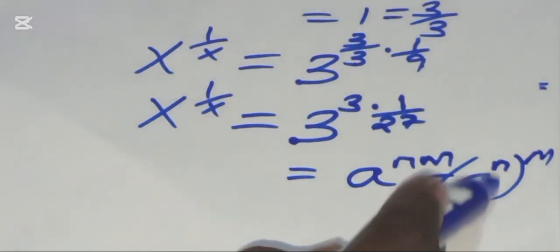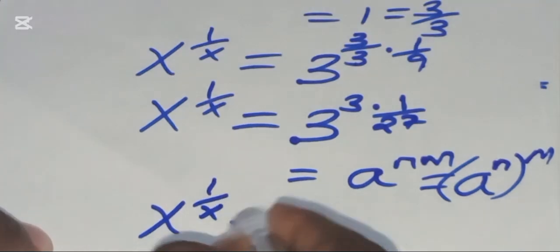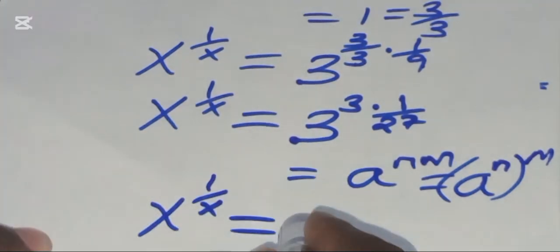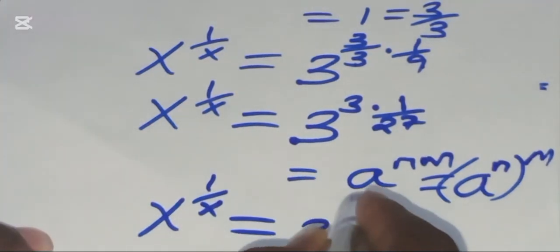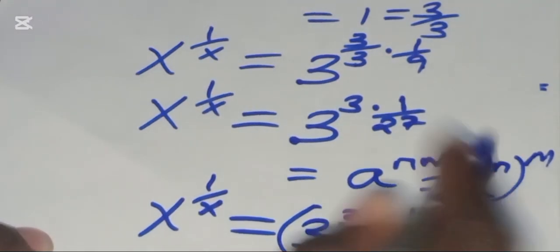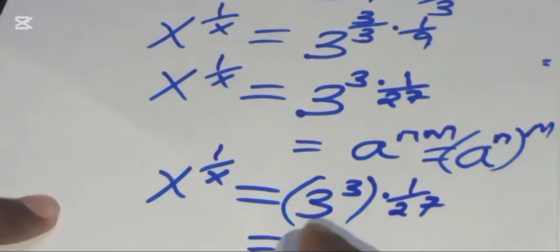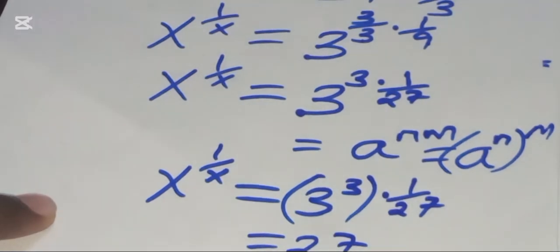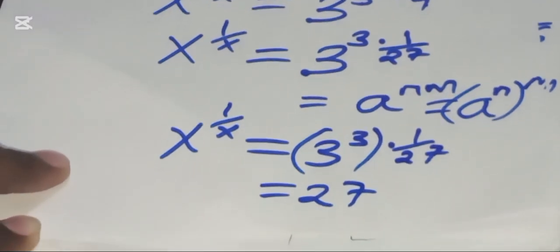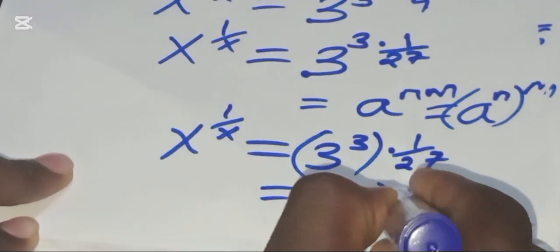So applying this identity, we're going to have x to power 1 over x is equal to 3 to power 3 multiplied by 1 over 27. Okay. And essentially, 3 to power 3 is the same thing as 27, so this is 27 raised to power 1 over 27.